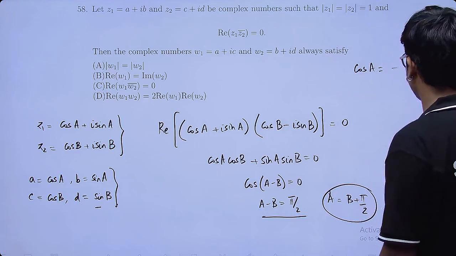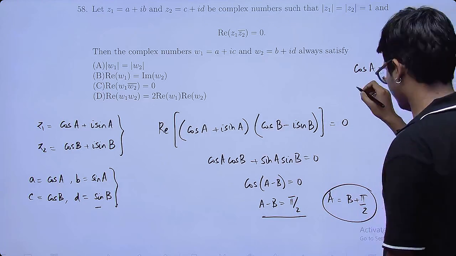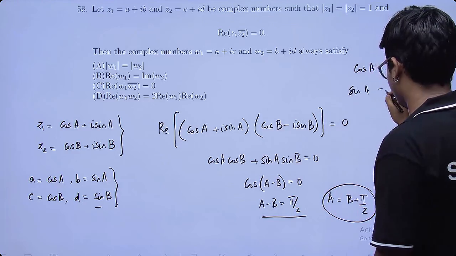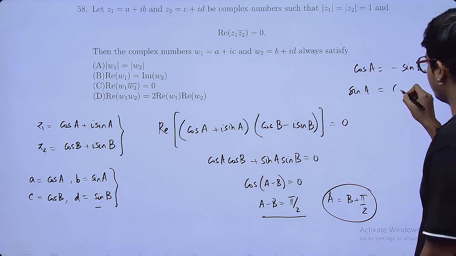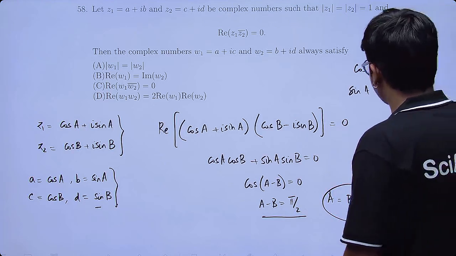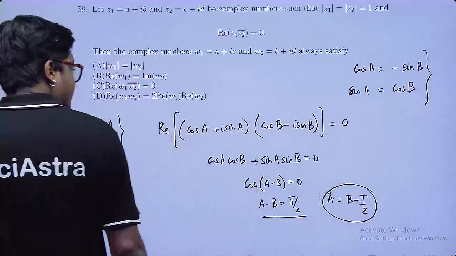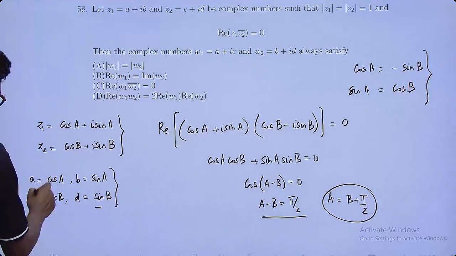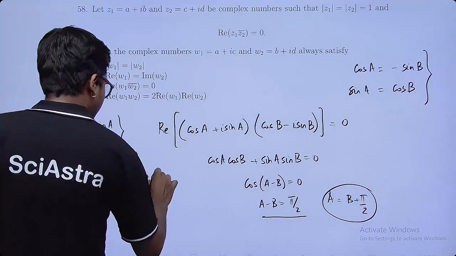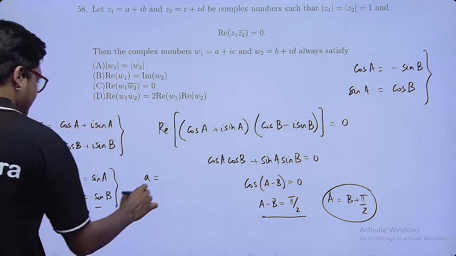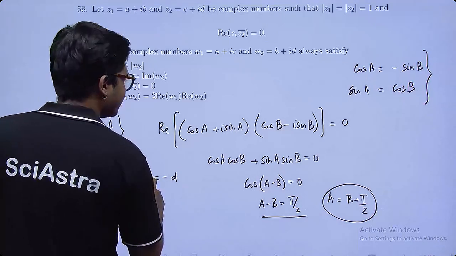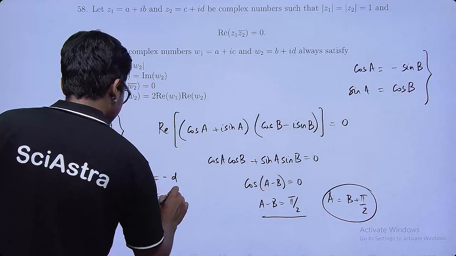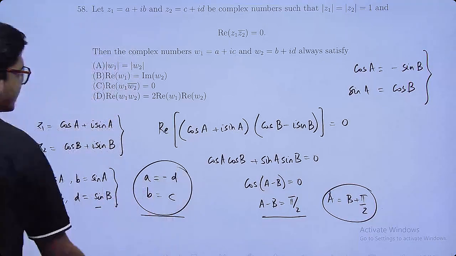So minus sin B. And sin A is sin B cos 90 plus cos B sin 90, so cos B, right? So what can I say from here? What was cos A? Cos A was a, right? So a is equal to minus of sin B, which was d. So a is equal to minus d, and sin A is cos B, right? So b is equal to c. This is what I'm finally getting, okay?